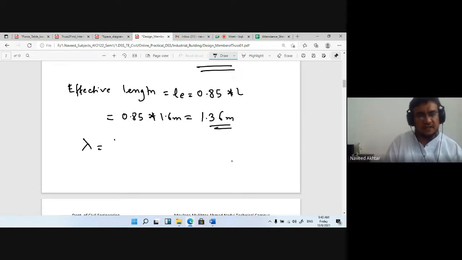Lambda is nothing but KL upon r minimum. Okay. So before that, you should know which type of section we can use.